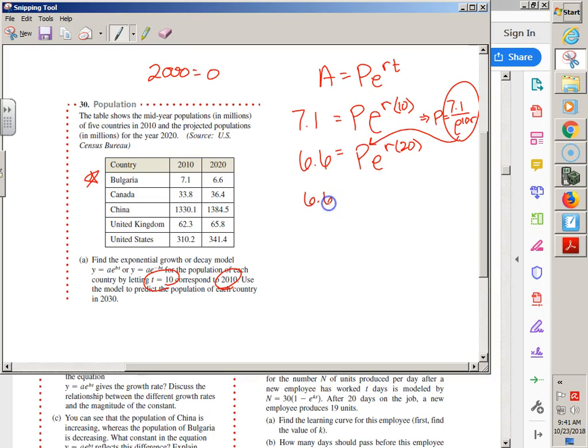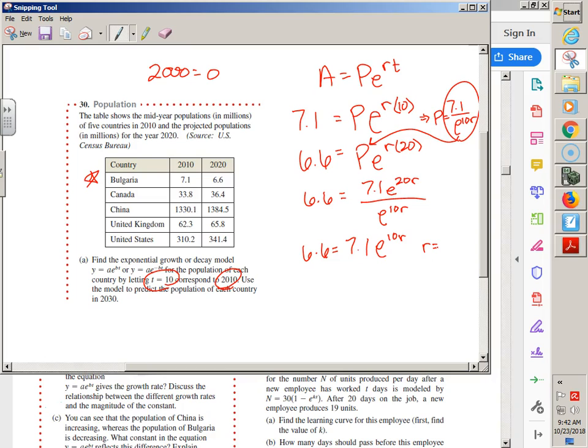And so couldn't we say 6.6 is equal to 7.1 e to the 20r all over e to the 10r? Oh, how do I do bases division? I subtract. So that's going to be 6.6 is equal to 7.1 e to the 10r is left over. Can't I solve for the growth rate of Bulgaria pretty quickly?